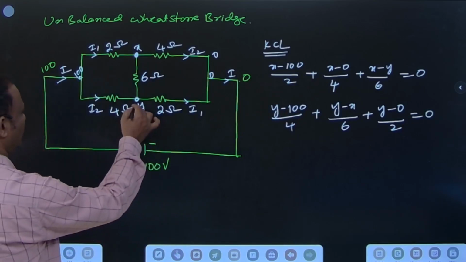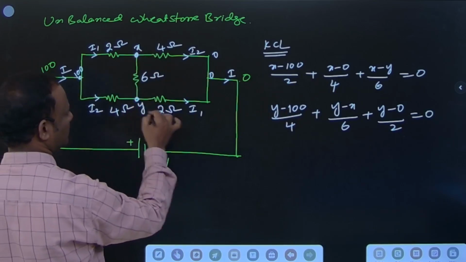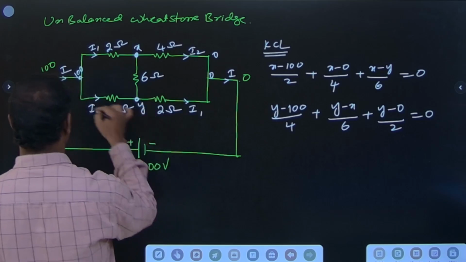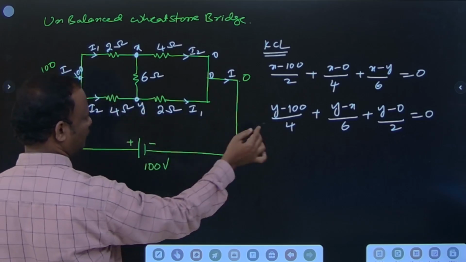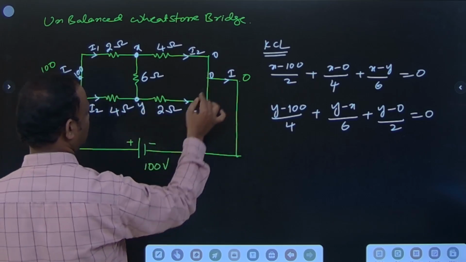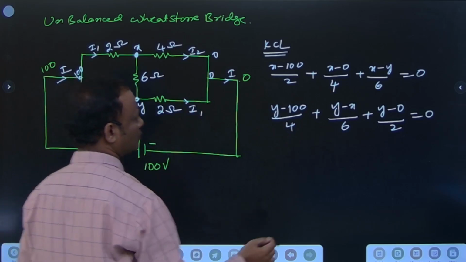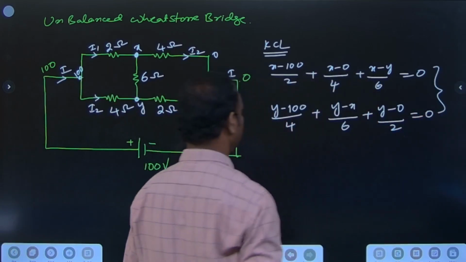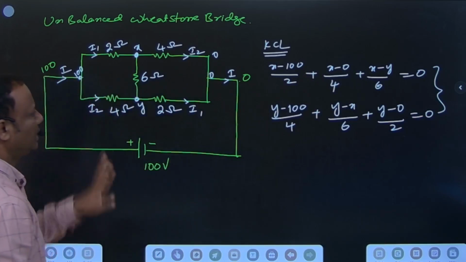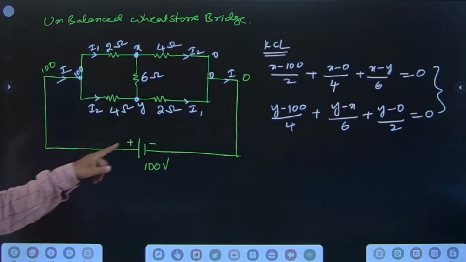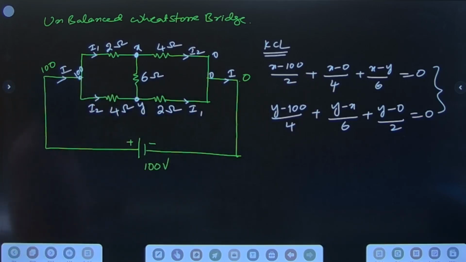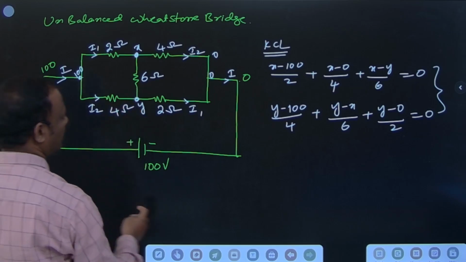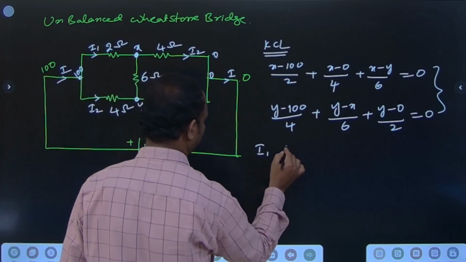Solve the equations to get the X and Y values, eliminating like terms, so we can get I1 and I2.